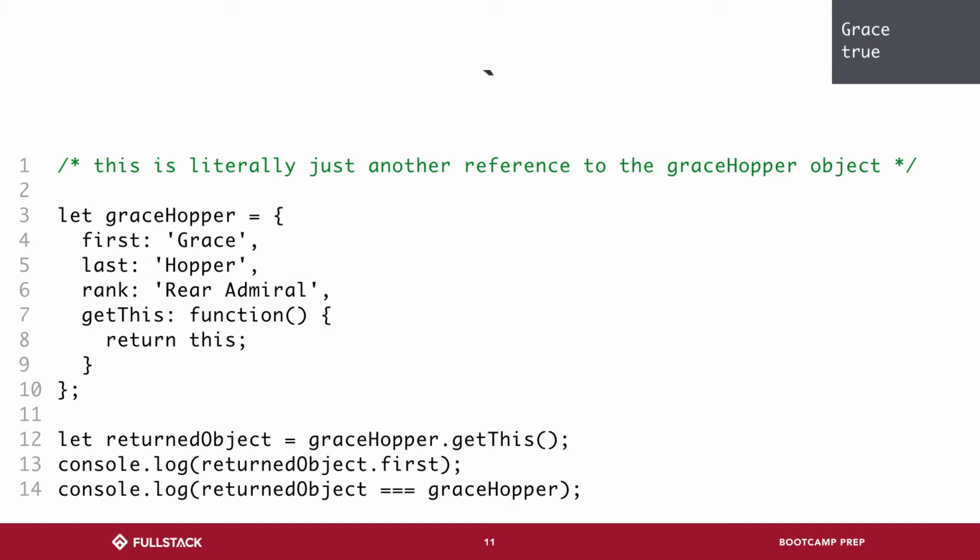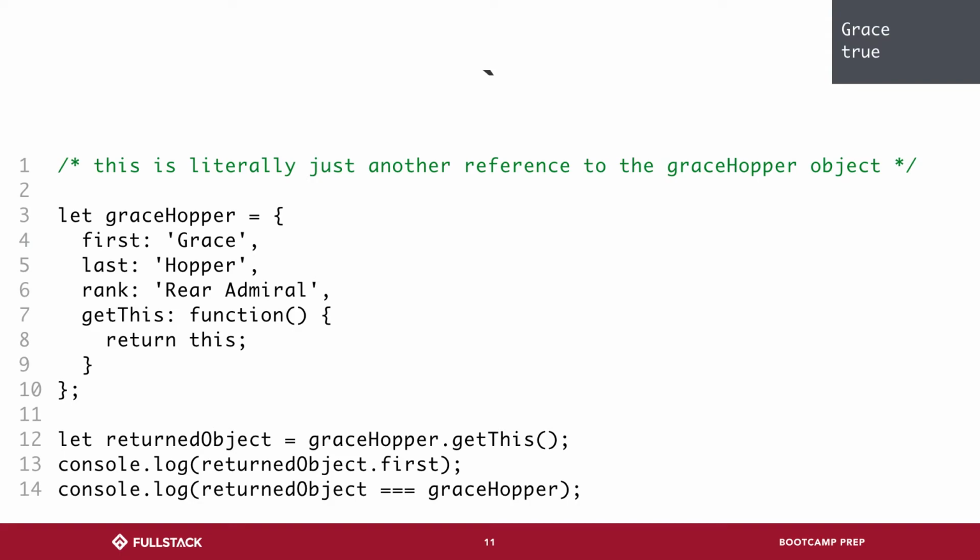We're declaring a variable on line 12, and then we're using the equal sign, which to us looks like an equal sign, but to the computer is the assignment operator, to assign the variable the value returned by our getThis method.